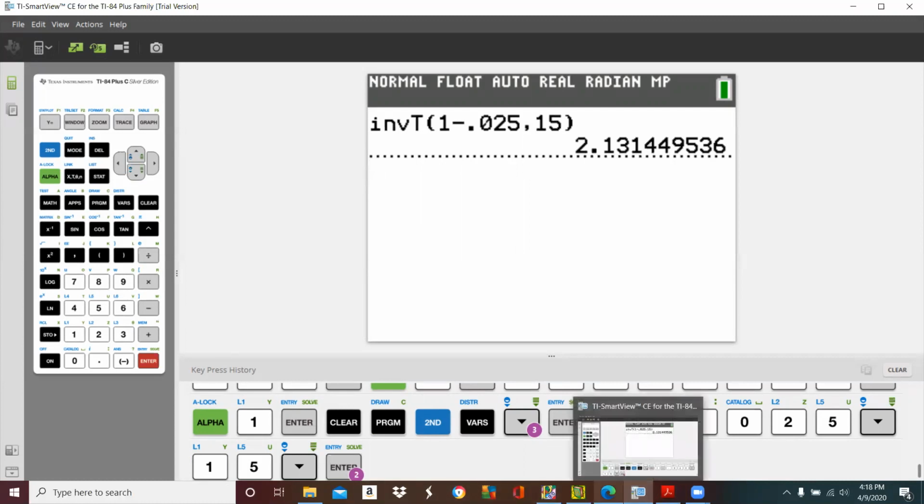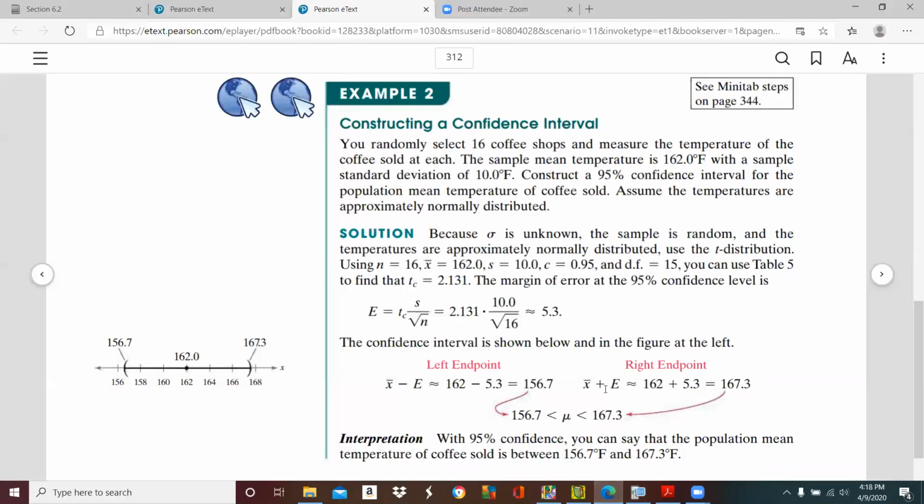And if you go back to the text, notice that they have 2.131. They rounded it to 3 decimal places. That's our critical value. They multiplied it by 10, the sample standard deviation, divided by the square root of 16. 16 is the sample size. And they get approximately 5.3 as the margin of error.